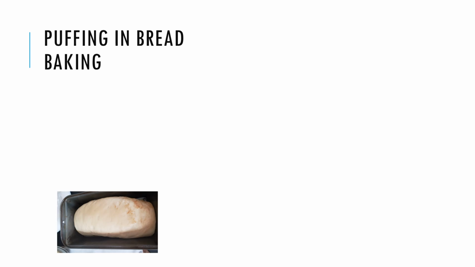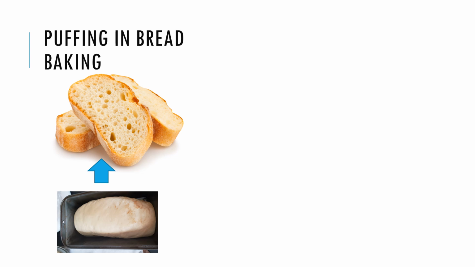So bread baking is not something we normally think of as puffing, but of course, starting from the dough, when it becomes the bread, it has puffed up. It has increased the volume. So let's look at it in a little more detail.